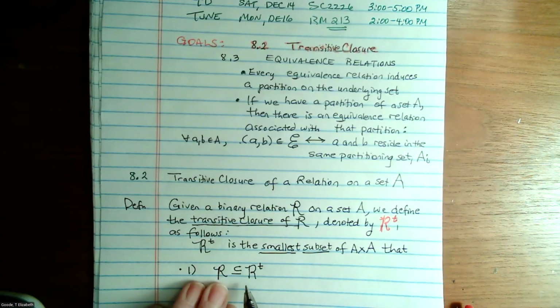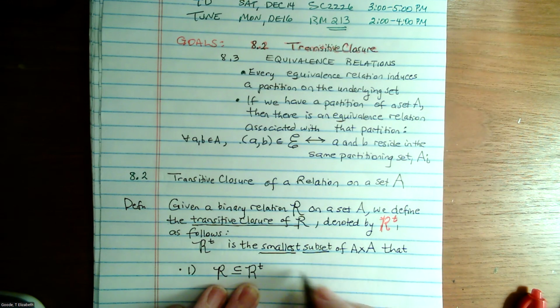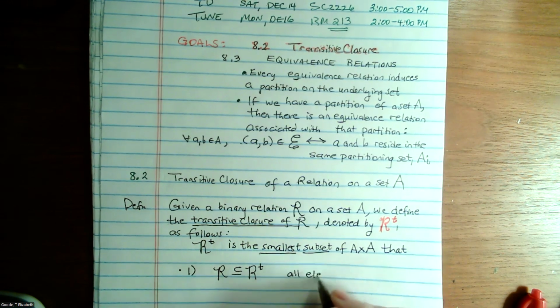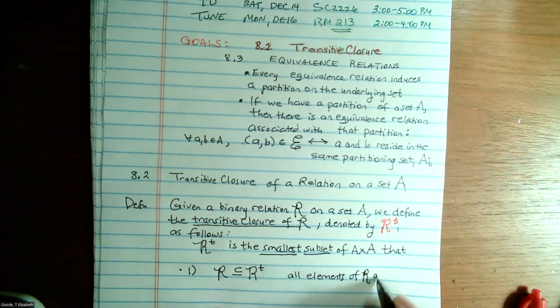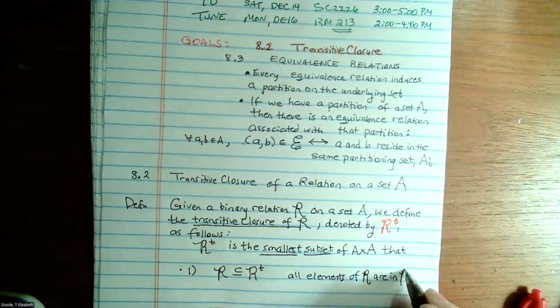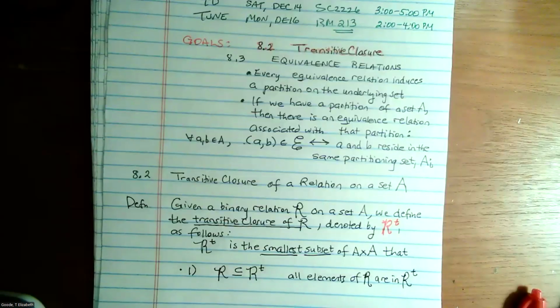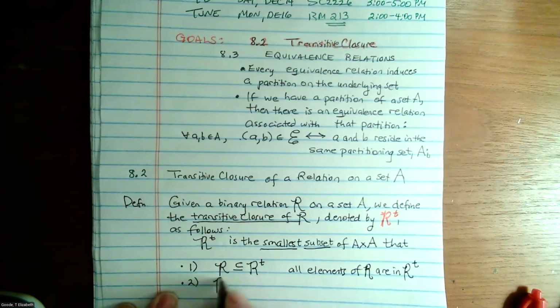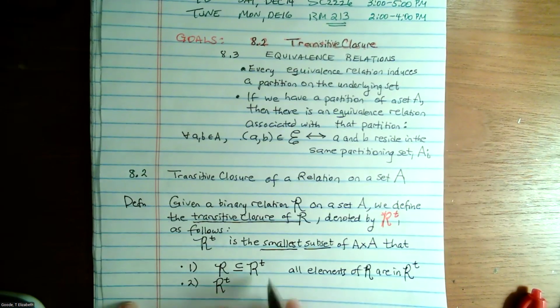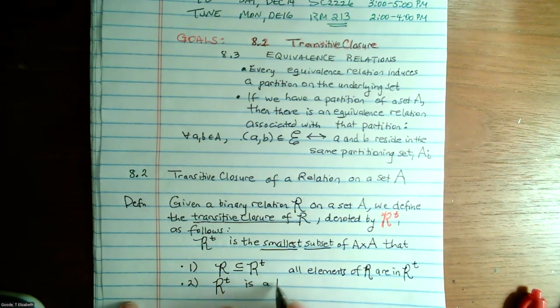So the original relation is a subset of the transitive closure. In other words, all elements of curly R are in R^T. That's the first thing. And then the second thing is that R^T is a transitive relation.